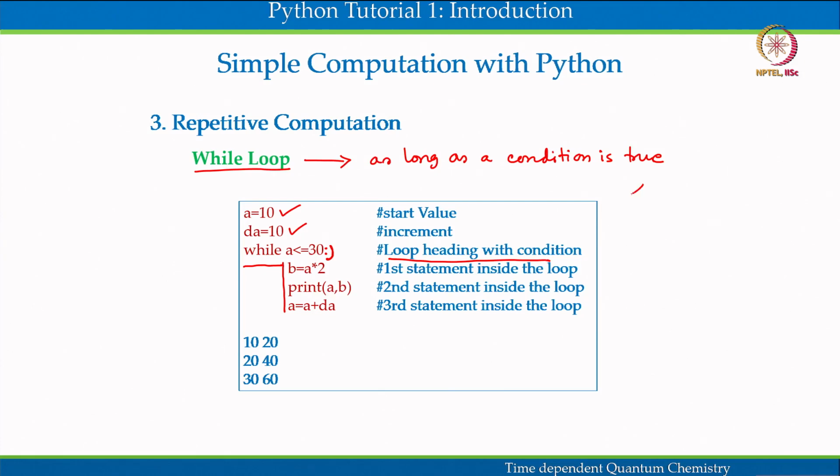For an example, this one indicates less than or equal to. This indicates equal to. Then this indicates not equal to.